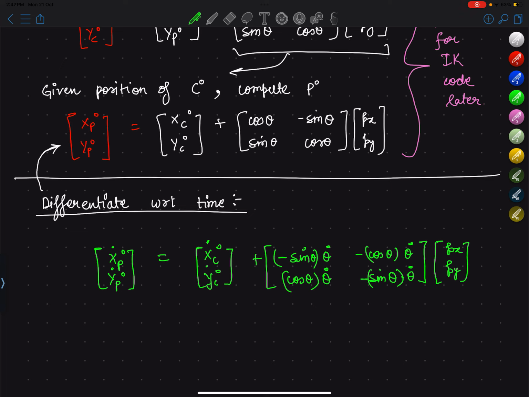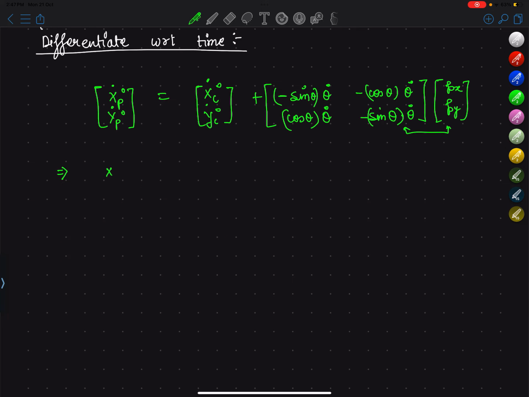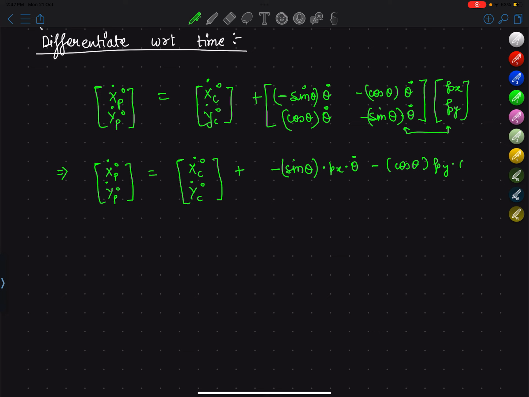Alright. Now we can multiply these two, and what we'll get is xp naught dot, yp naught dot is equal to xc naught dot, yc naught dot, plus minus sine theta into px theta dot minus cos theta py theta dot.